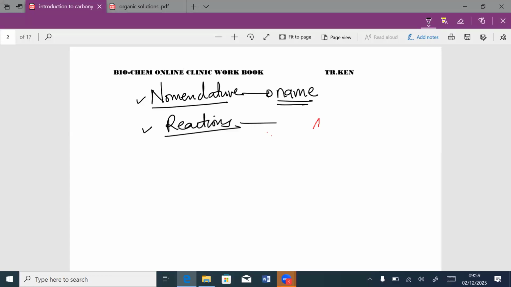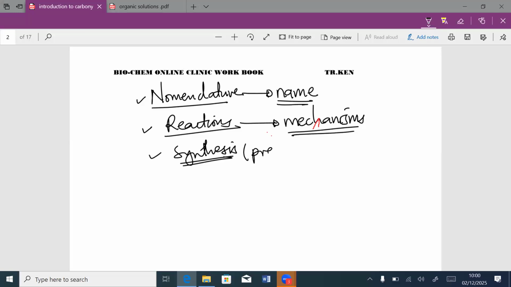And in reactions, we shall look at the mechanisms of those reactions. So in organic chemistry, we are so much interested in analyzing the mechanism. In other words, how do these reactions proceed? Then we can also look at synthesis. So synthesis is also important in organic chemistry. In other words, how do we prepare these organic compounds? So preparation is also key.